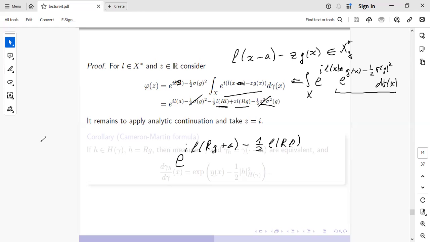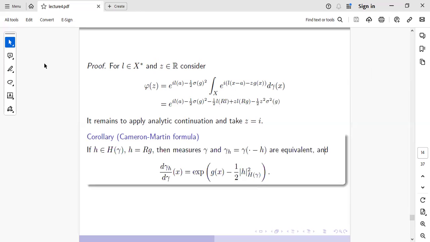From this result, it follows that the shift of a Gaussian measure by a vector of the Cameron-Martin space makes an equivalent measure, and we know the density of the shifted measure with respect to the non-shifted.